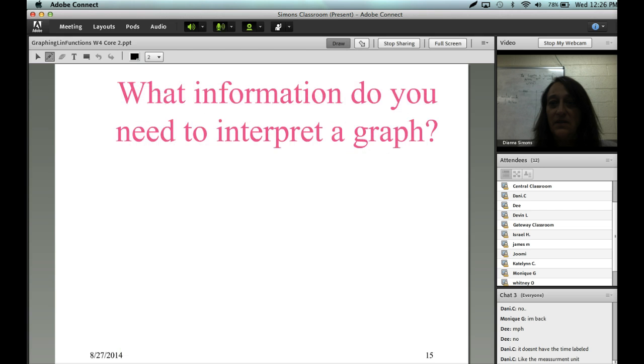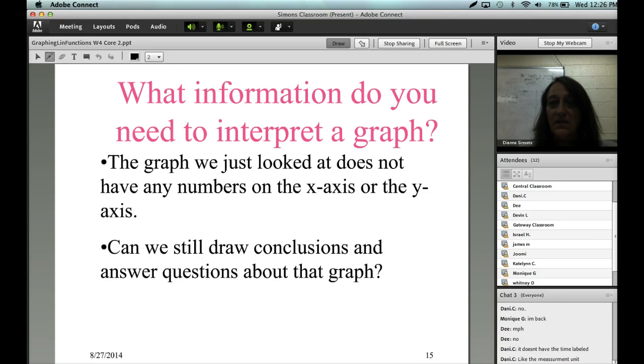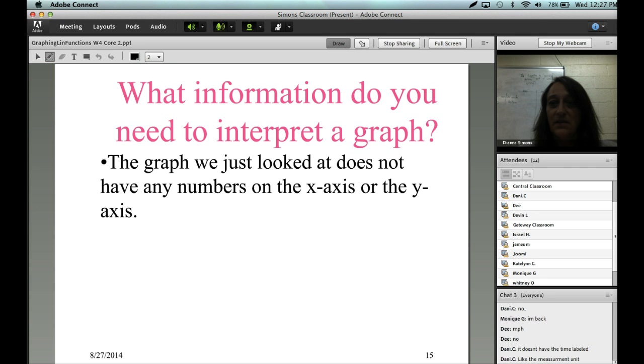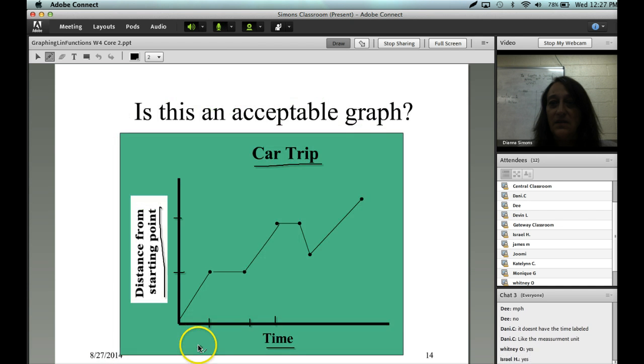All right. So what information do you need to interpret the graph? The graph we just looked at does not have any numbers on the x and y axis, just like you guys said. So can we still draw conclusions about any questions about the graph? Yes or no? Let me go back. Could you still kind of decide what was going on with that graph? Whoa, went too far. Good, you could. You could say, okay, at this point it's moving forward.